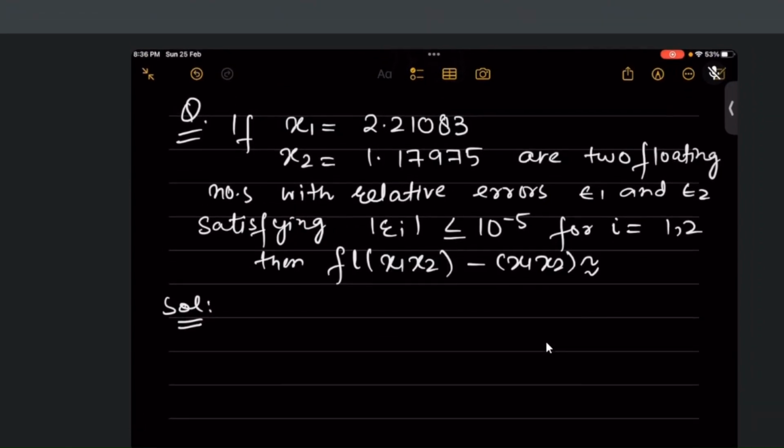How will you approach this question? Simply expand this first, like we did in previous questions also.